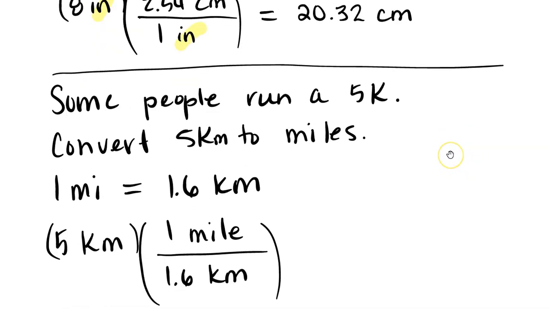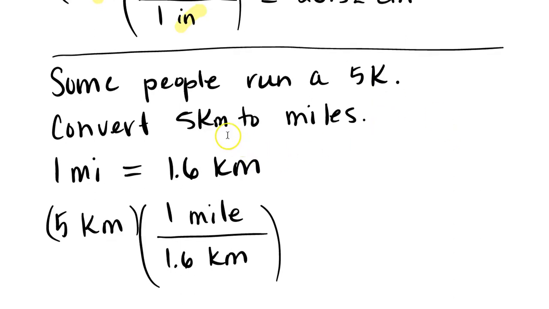Some people run a 5K. That's a race, marathon type thing. Convert 5K to miles. Now that means kilometers. 1 mile is 1.6 kilometers. So 5 kilometers, 5K, we put 1.6 kilometers on bottom, 1 mile on top.